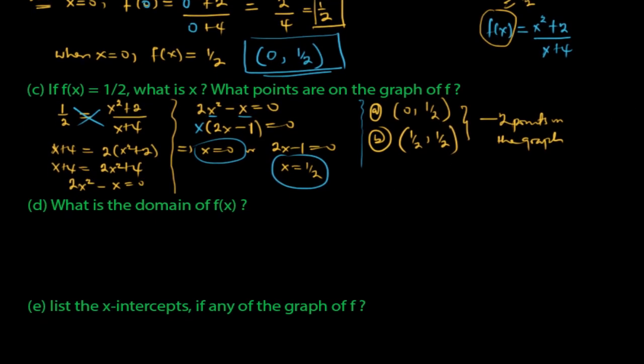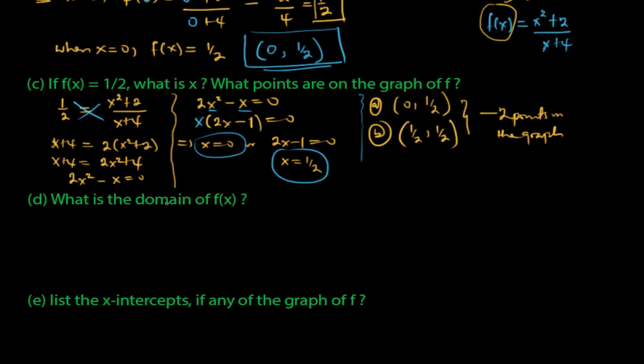So let's move on to the next one. It says, what is the domain of f of x? Now f of x is in the form of a rational function. So let's write it here. We have f of x equal to x squared plus 2 divided by x plus 4.